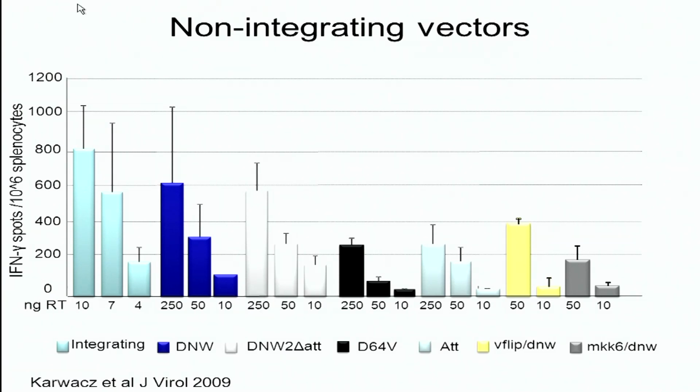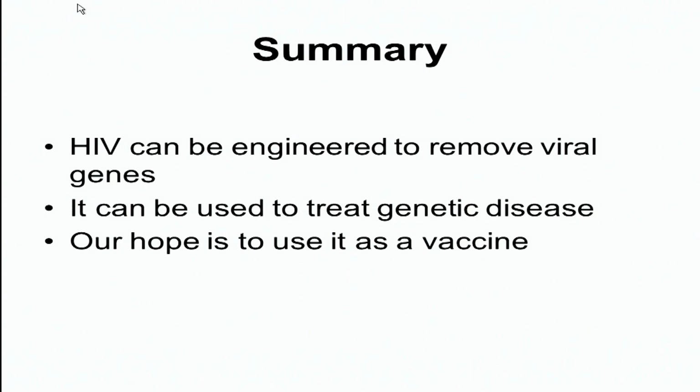So, what I think I've told you is that HIV can be engineered to remove viral genes, and it can and has been used and will continue to be used for treating monogenic disorders where a single gene defect, we know what the defect is, and we can treat it now.